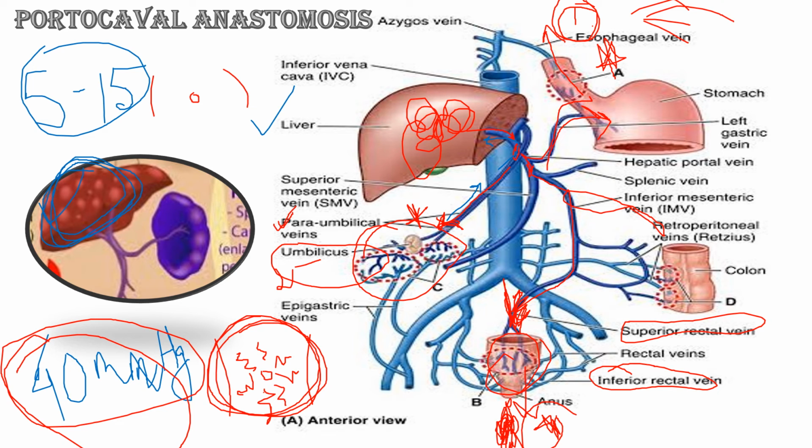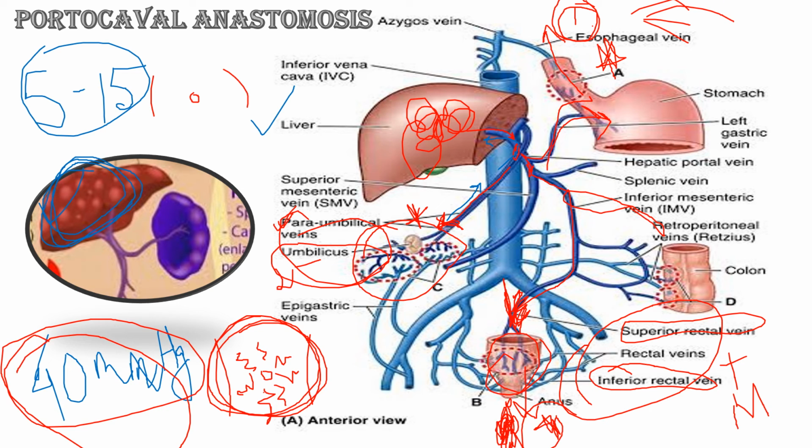So point number 1 was esophageal varices that the patient will have in portal hypertension. Point number 2 was caput medusa, that is due to distension of the paraumbilical vein. Point number 3 is this, around the anus, where there was anastomosis of the superior rectal vein with the inferior plus middle rectal vein.